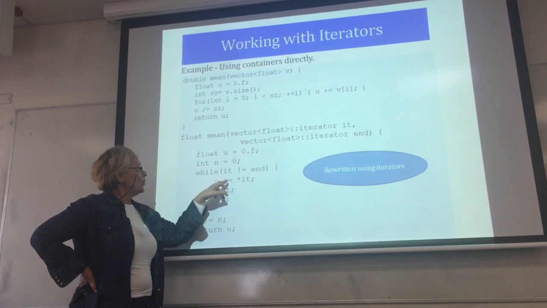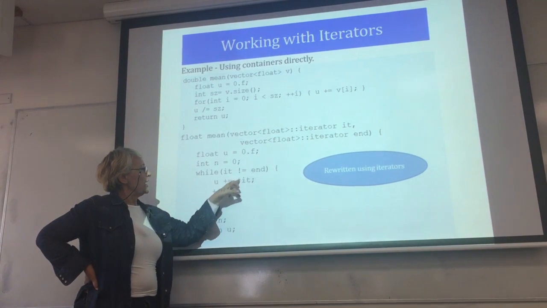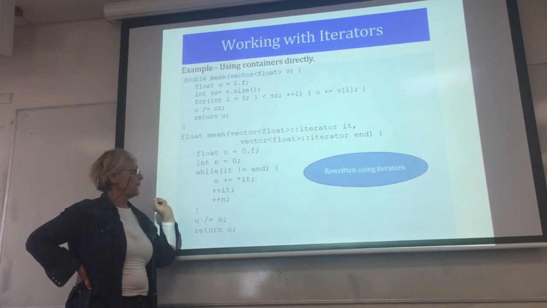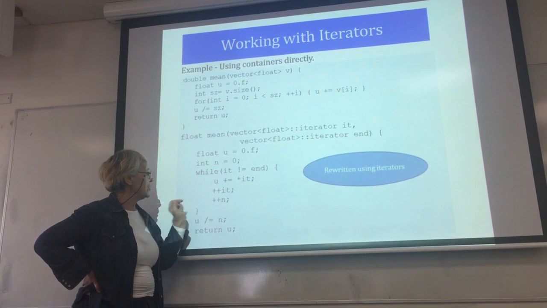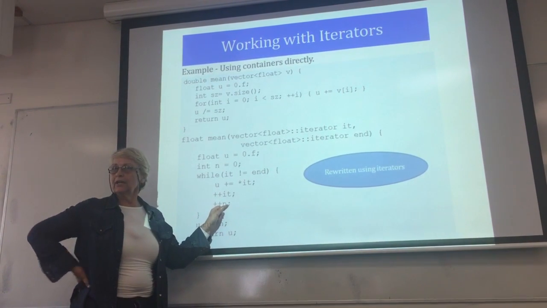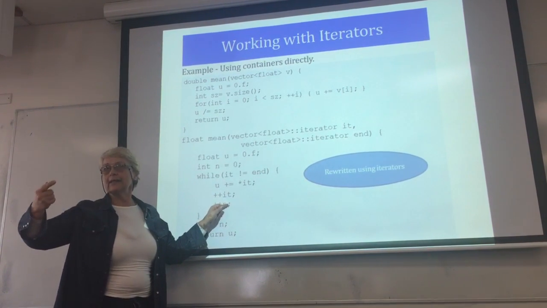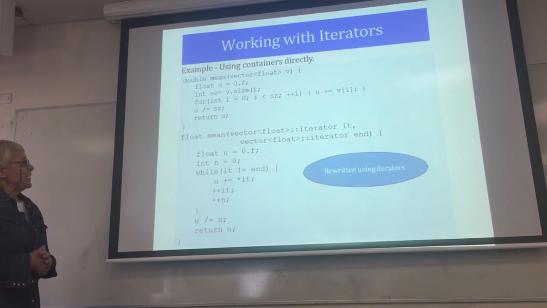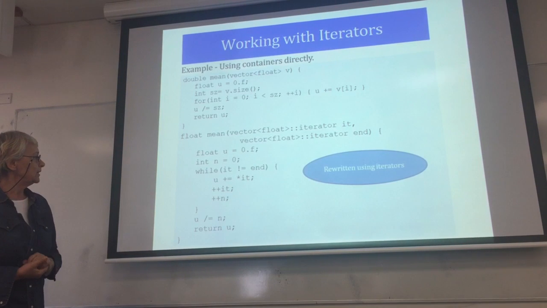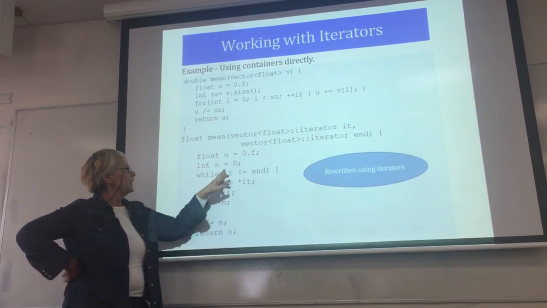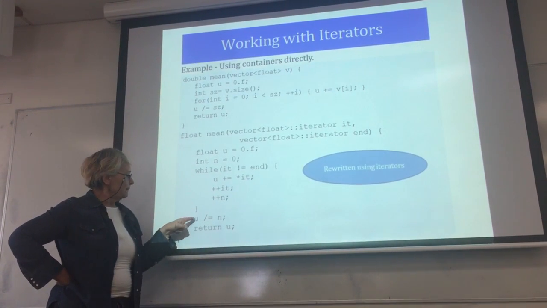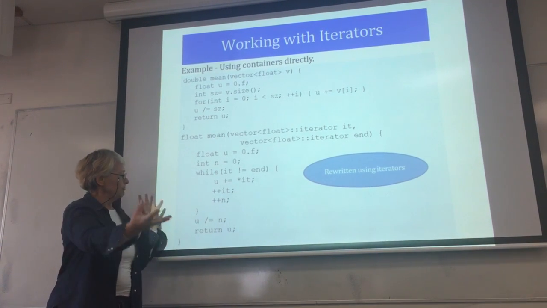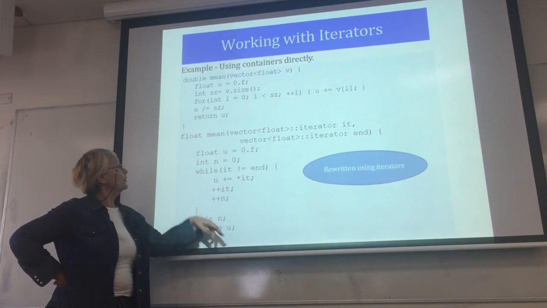And we update u with the value to which it points, and then we move to the next location and we increment the number of elements read, because this is a value which has to be updated. So at the end of this while loop, when it becomes equal to the end, we have in u the sum, divided by n, and return.